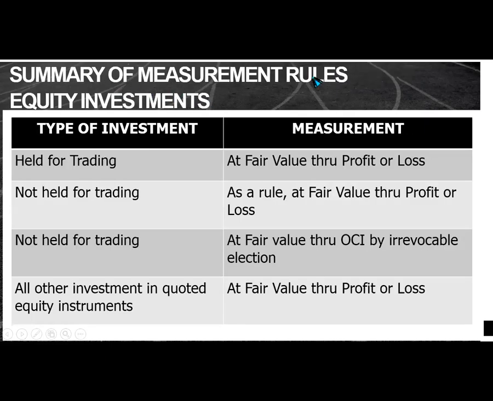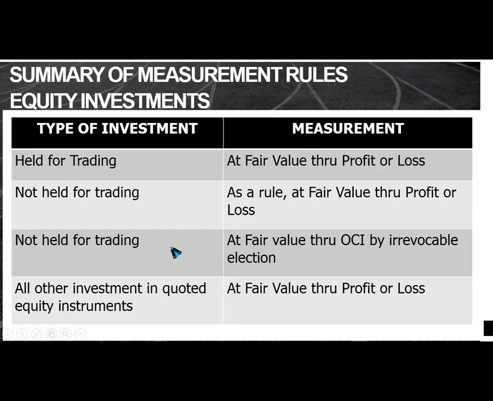Here is the summary of measurement rules for equity investments. We have here the type of investment and the measurement or classification. First, when held for trading, by requirement, it shall be measured at fair value through profit or loss. When not held for trading, as a rule, fair value through profit or loss.